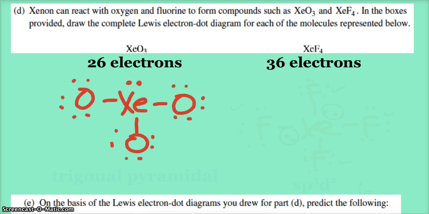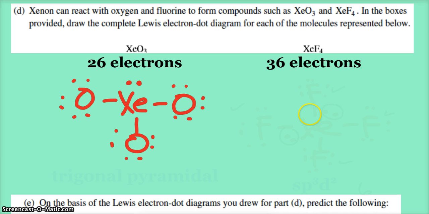Xenon, if you remember from our labs, loves to be in the center. So if I put xenon in the center, 3 oxygens around it, single bonds, put in all of oxygen's lone pairs, and then there's 2 electrons left over, which would be on xenon. Everyone has the octet rule obeyed. That looks good for XeO3.